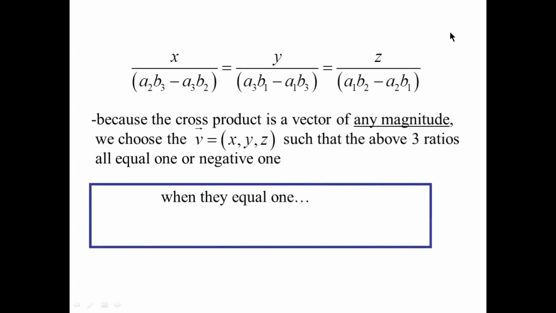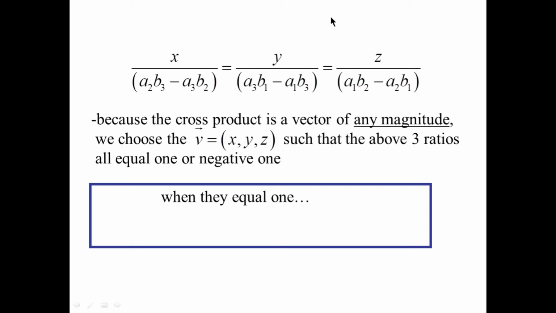It could be -1. But when they're equal to 1, then this side here is 1. And so x must match this expression. So our x must equal a2b3 minus a3b2. Similarly, if this is 1, the numerator has to match the denominator.